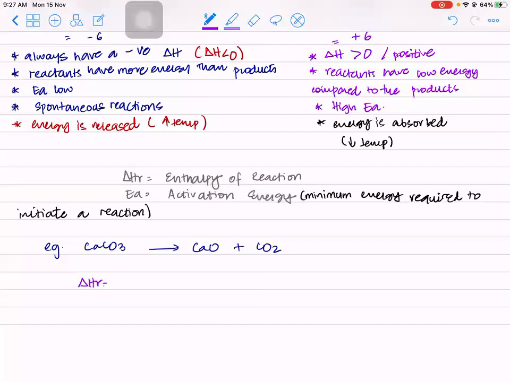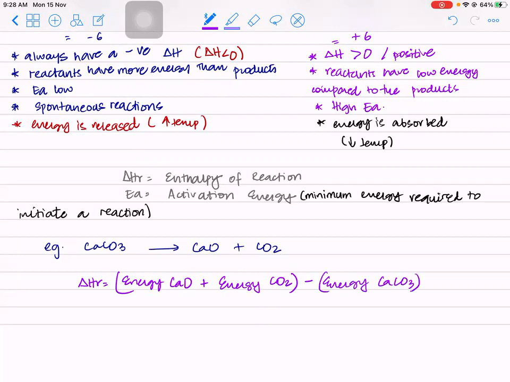It would be delta HR equals energy of products. What are your products? Calcium oxide and carbon dioxide. So can I say it would be energy of calcium oxide plus energy of carbon dioxide minus the energy of the reactant, which is calcium carbonate.